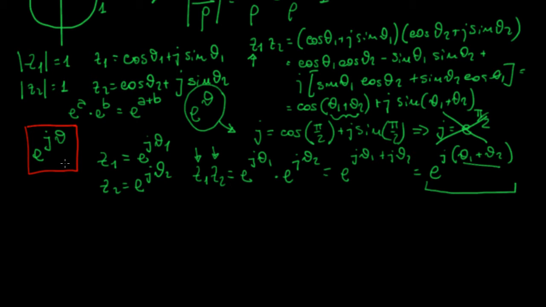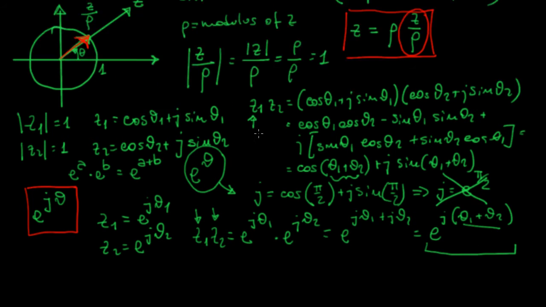Right now, we still don't have all the notions, all the knowledge that allow us to verify all the properties. So we will do this later in this course. For the moment, just accept this as the right representation in exponential form.